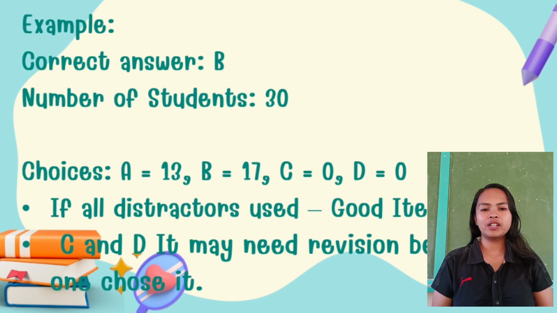We have here A, B, C, D, and as you can see, the letters C and D were never chosen by the students, and by that, the result is that it needs to be revised because it is an ineffective distractor. While the letter A is an effective distractor because many students chose it as their answer.